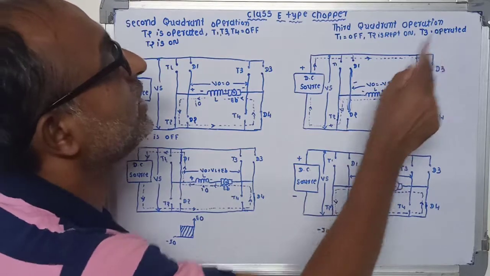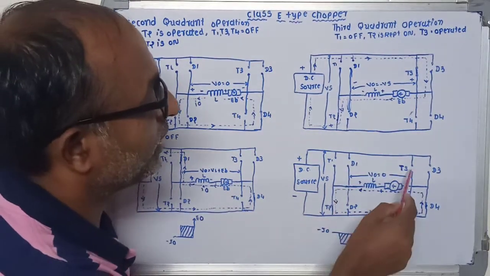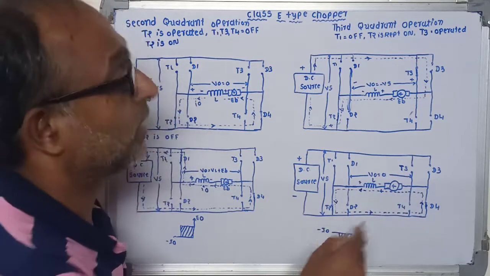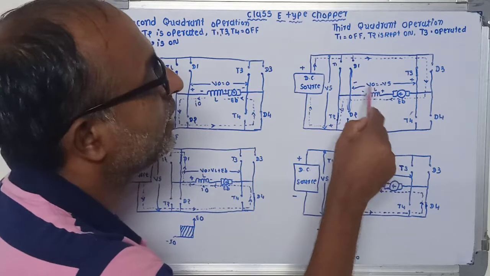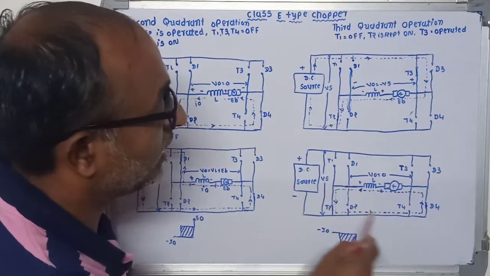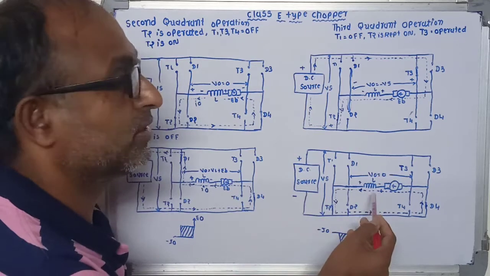Now when T3 is turned off, during this time some energy is stored in the inductor. When T3 is kept off, it is disconnected from the supply and the current starts to decrease.